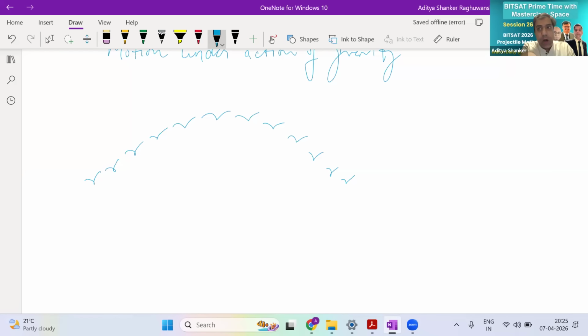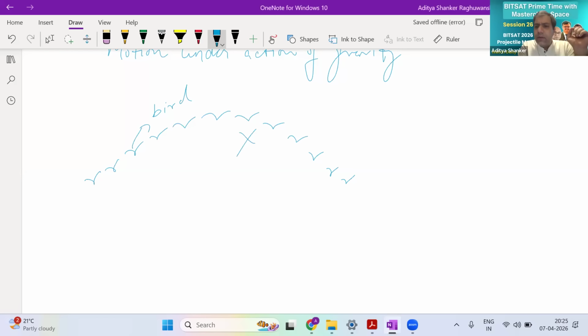Well, no, it is not projectile motion, because this is a motion by a bird, and it is not under the action of gravity. The bird is applying power, and it's not completely under the action of gravity, so it's not projectile motion.